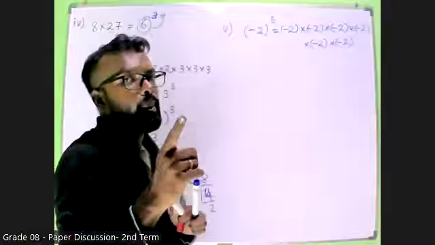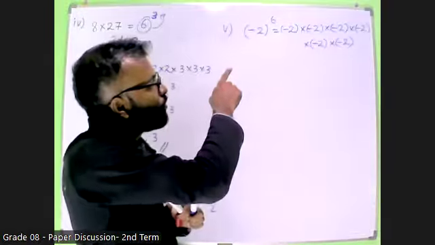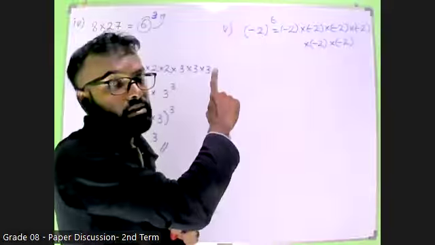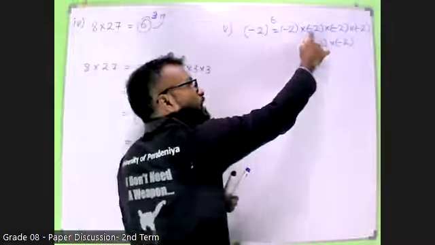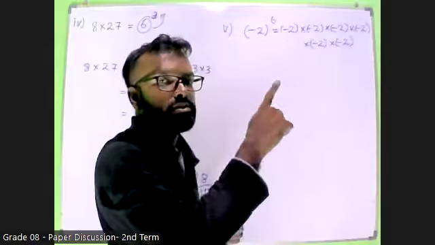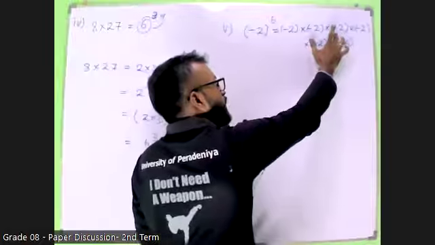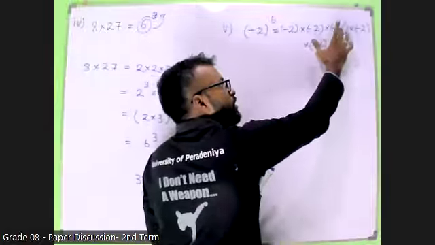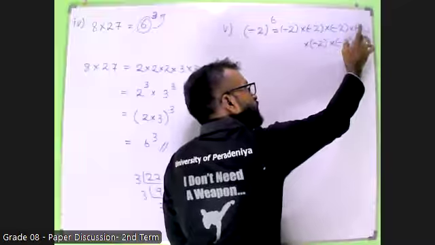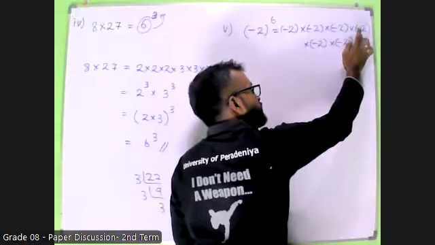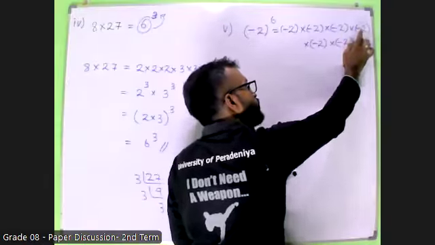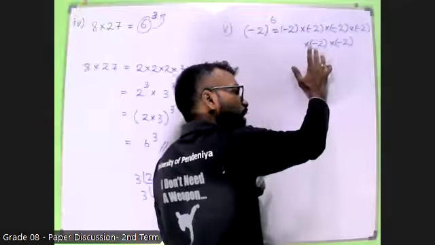First of all, let's try to simplify the signs, right? Minus times minus, positive. Positive times minus, minus. Minus times minus, positive. Positive times minus, minus.